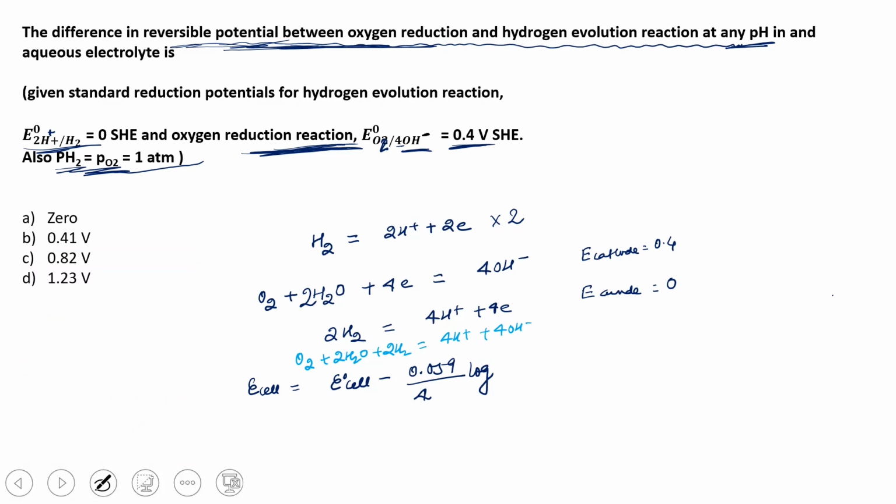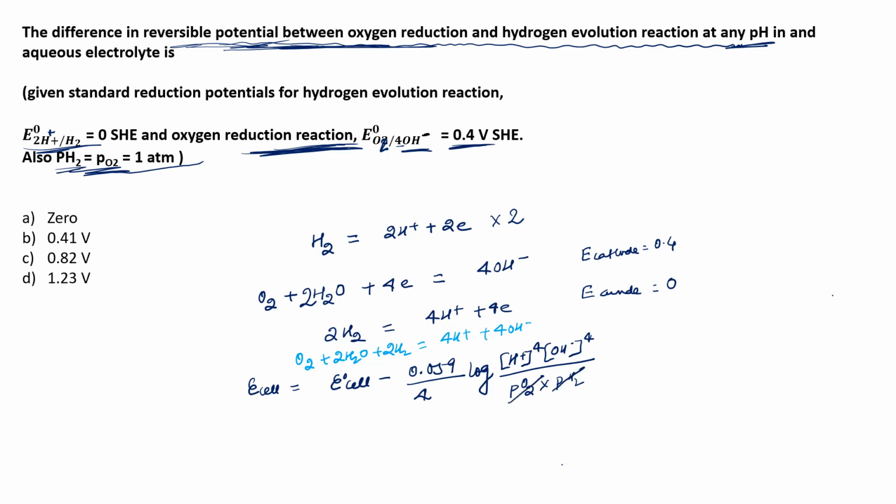Okay guys, so it will be H plus to the power 4, OH minus to the power 4, divided by partial pressure of O2 into partial pressure of H2, and the activity of water will be taken as 1. Okay, and guys, here see pH2 and PO2 are equal to 1, so it will be equal to 1.